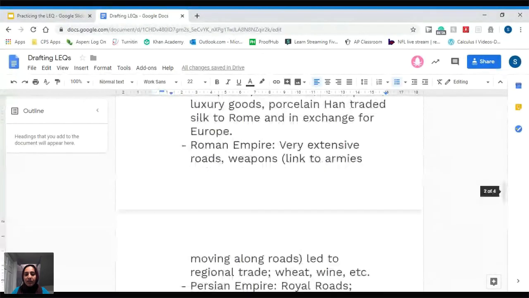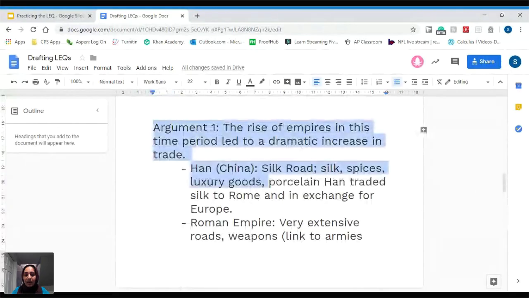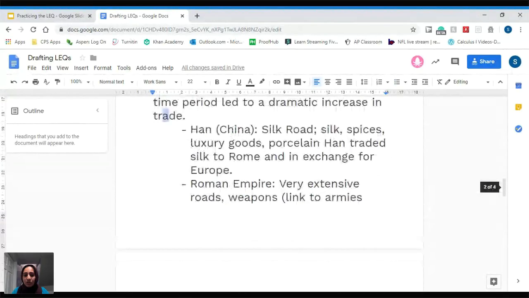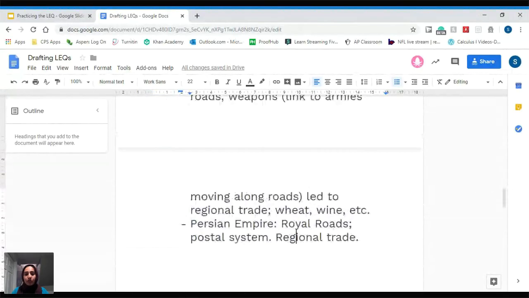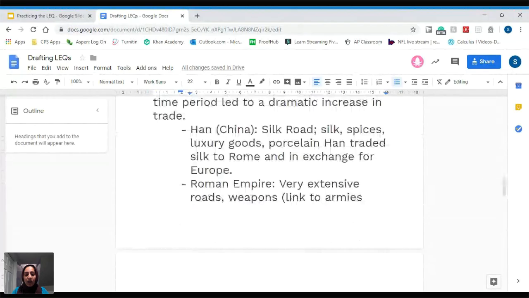Or maybe I could break this up into different paragraphs depending on how long my evidence is for each. Maybe I could link these two together and then give this its own paragraph, whatever you want to do. There's no set length to your essay as long as you embed everything that you're supposed to.